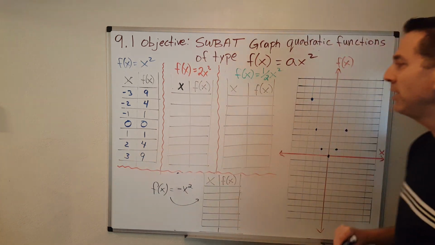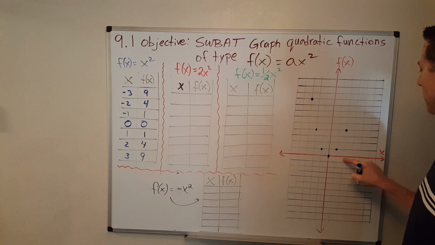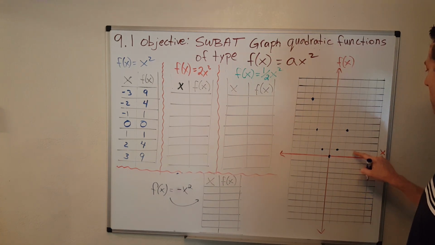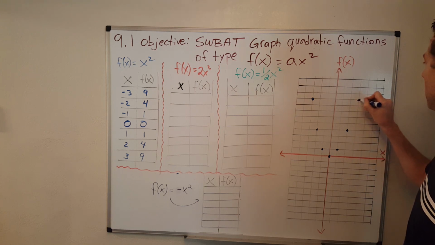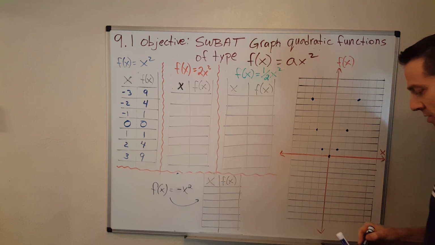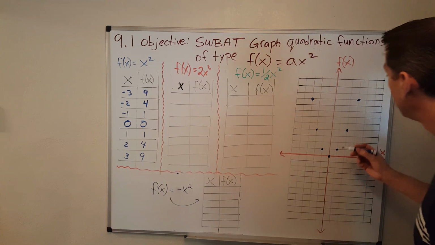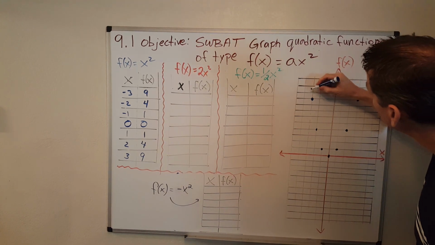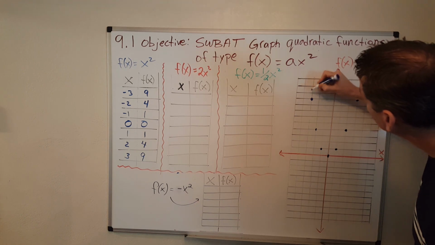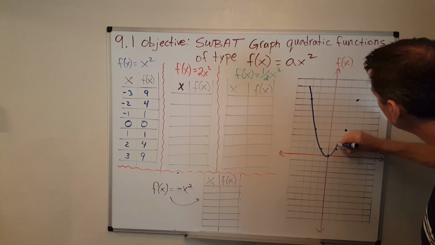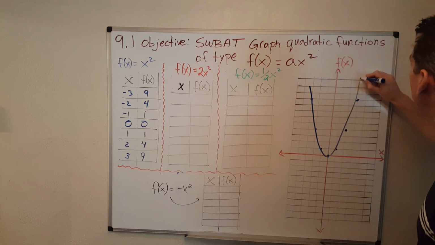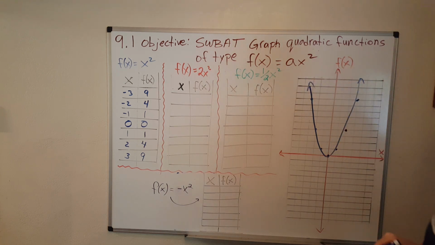And at x equals 3, f of x equals 9. Same level. And if we sketch this, it's going to give us something that looks about like that. I'm a little off, but that's okay.